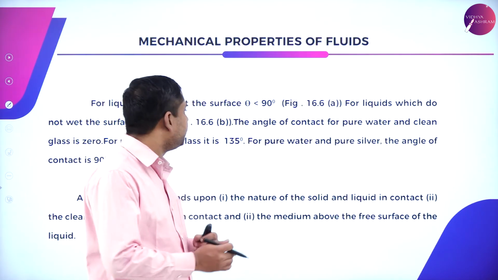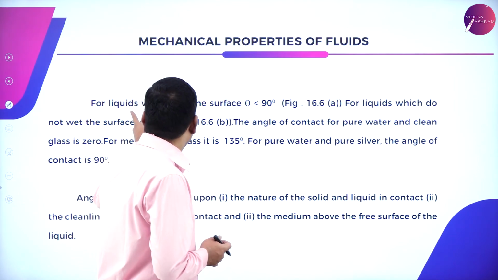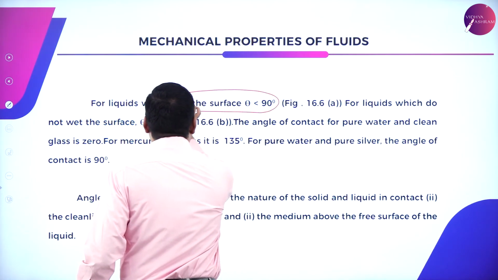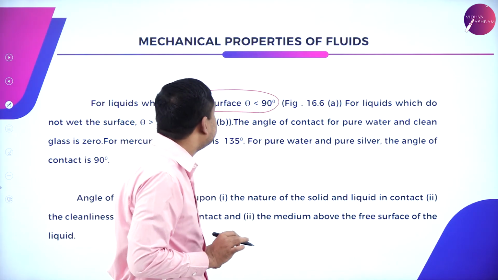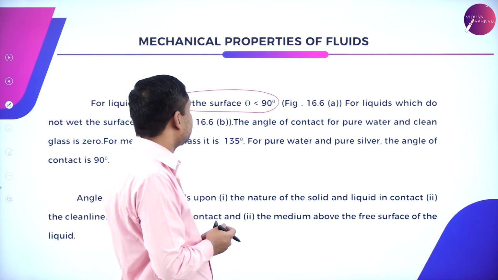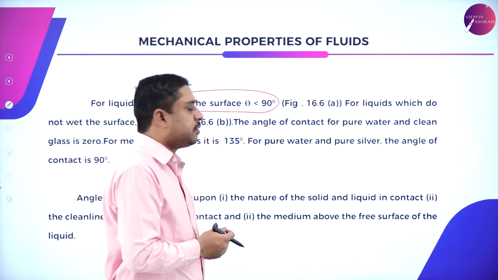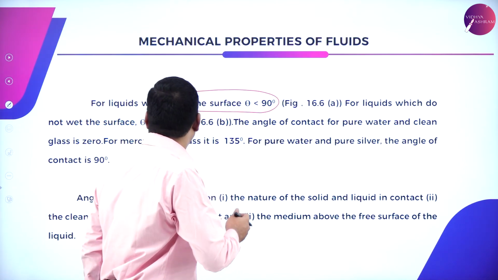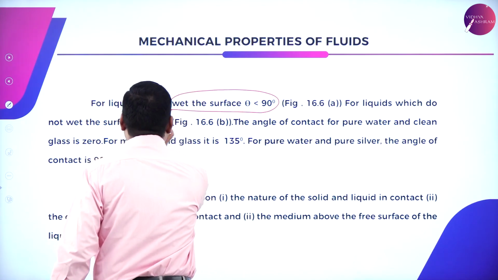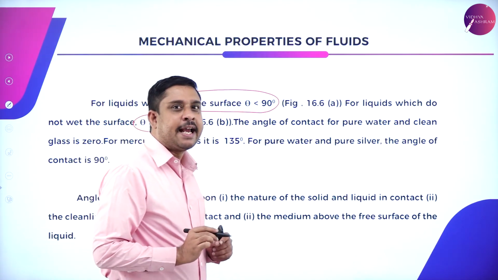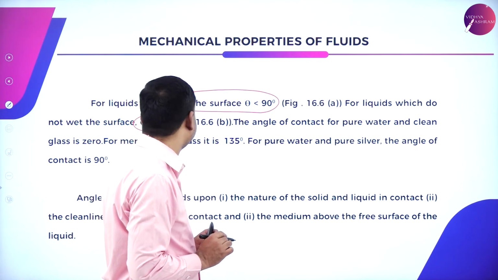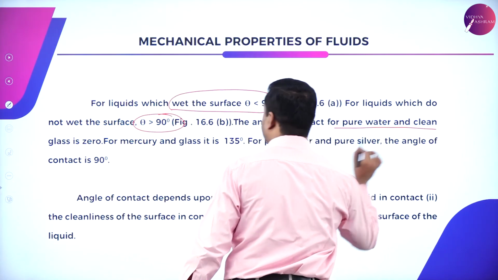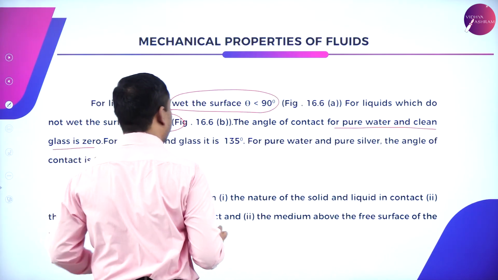So if you observe, for liquids which wet the surface, where theta is less than 90 degrees, or for liquids which do not wet the surface, where theta is greater than 90 degrees, the angle of contact for pure water and clean glass is 0.